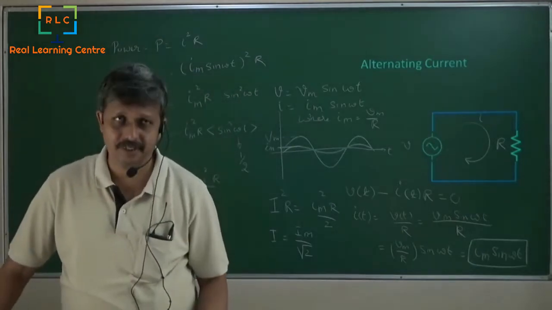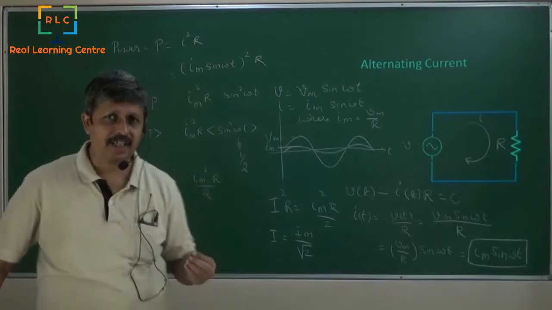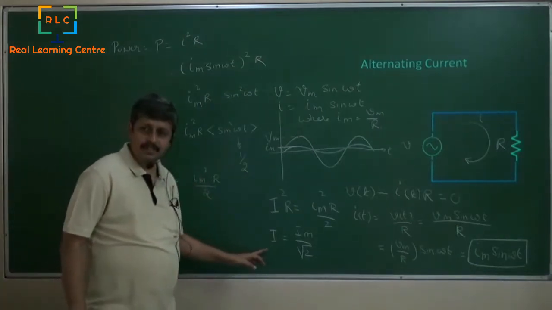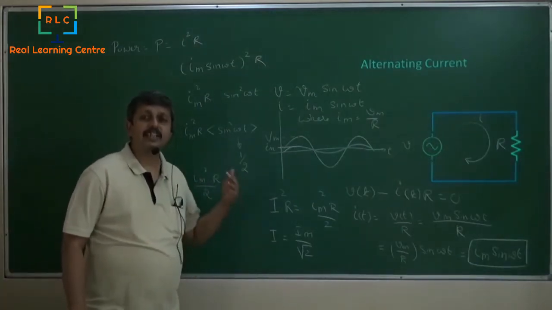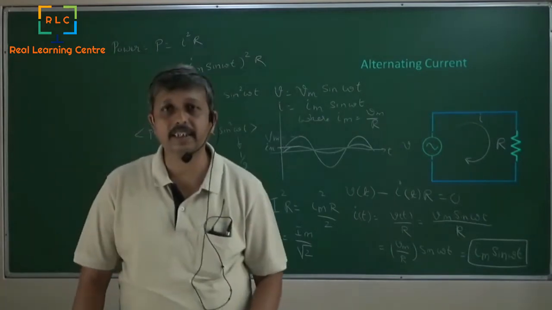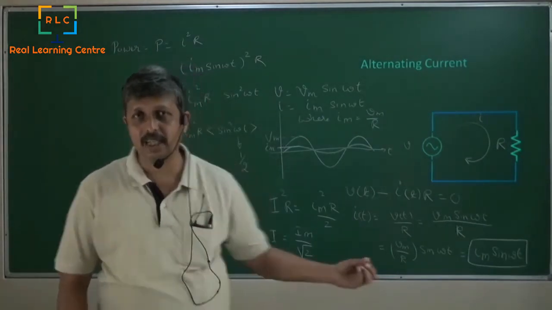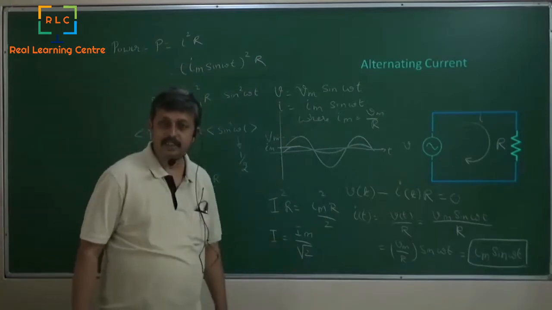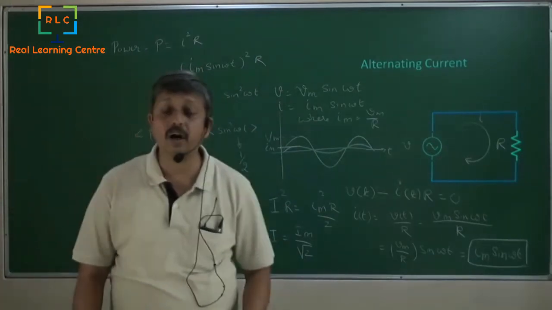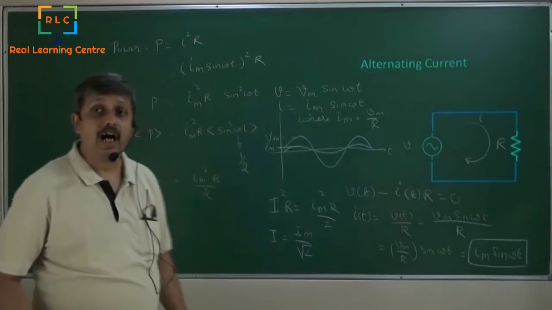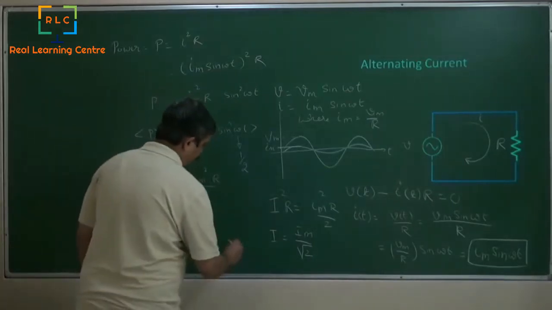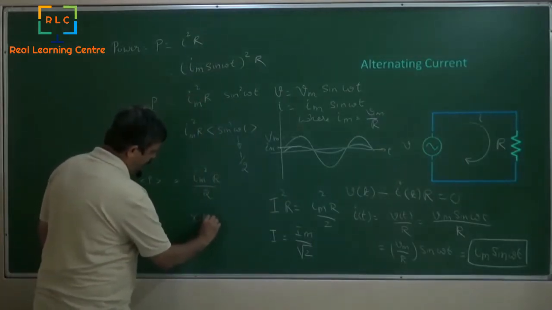So what does that mean? That means this current I is an equivalent current that heats up equally to that of an AC current, so an equivalent DC current. We call this current the RMS current. We read it as RMS.